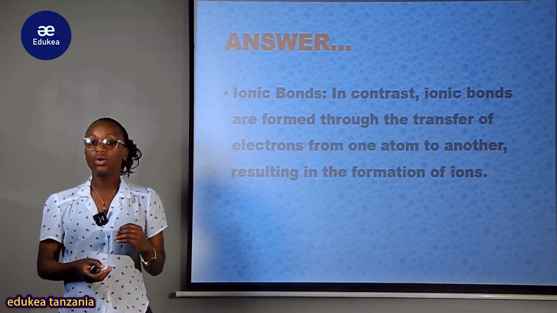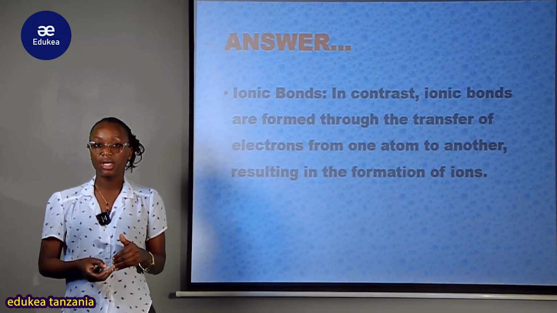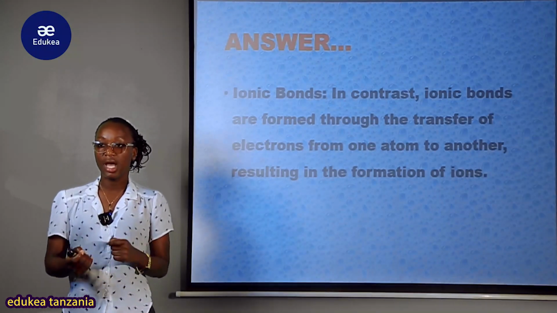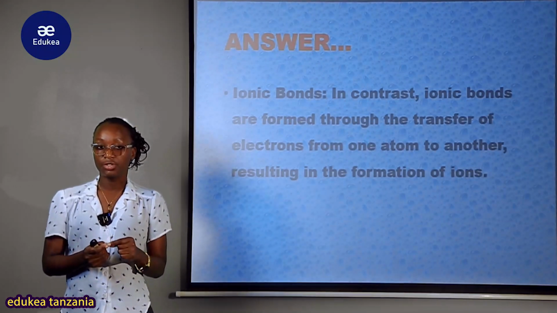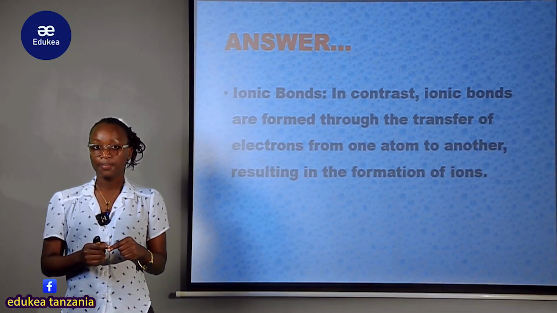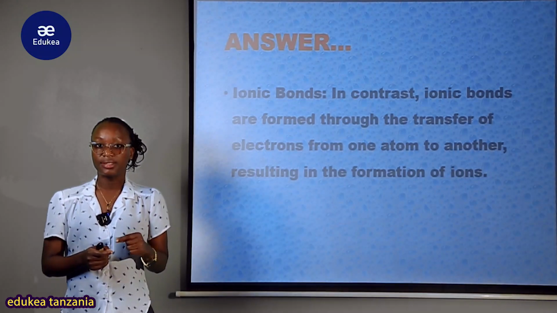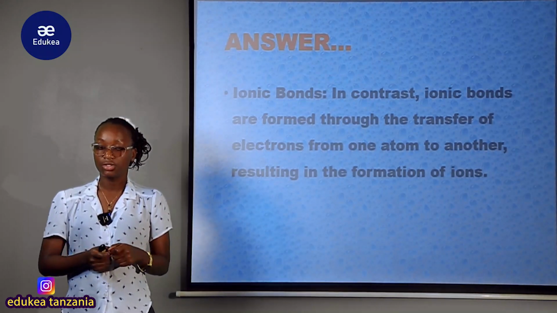A good example: you can take chlorine gas, those diatomic elements, or hydrogen gas. You can see that the hydrogen and the hydrogen share electrons. One hydrogen has 1 electron and the other hydrogen has 1 electron. Because it is diatomic, it attains stability by sharing its electron.